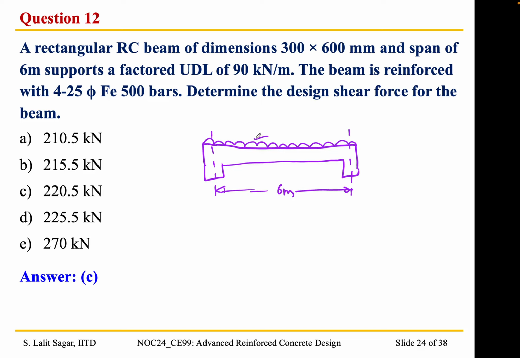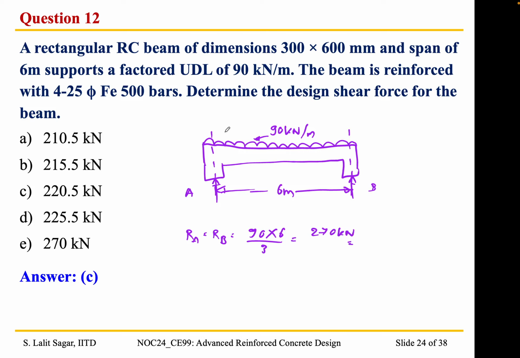So this would be 90 kilonewton per meter. So this is the reaction. So the reaction is, as you mentioned, absolutely it is right. If we take that it is point A and B, RA is equal to RB is equal to 90 into 6 divided by 2, that is 270 kilonewton, right?